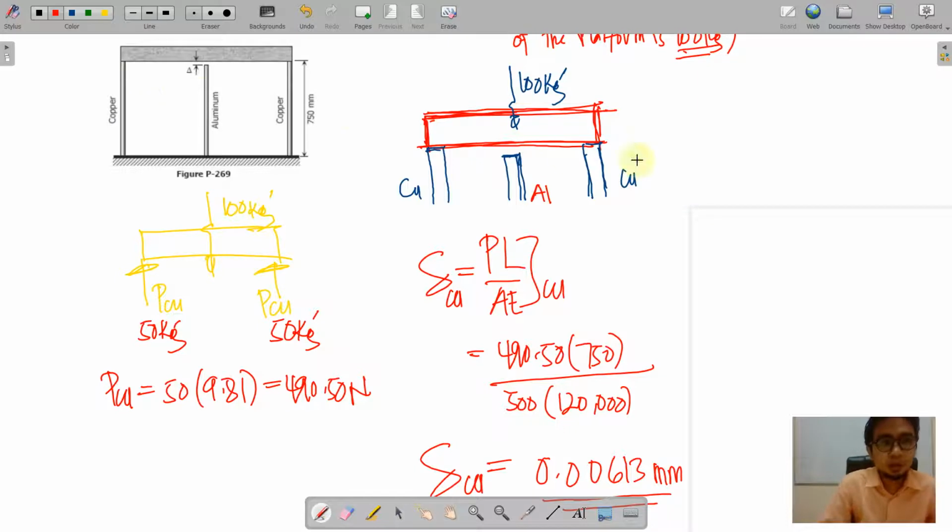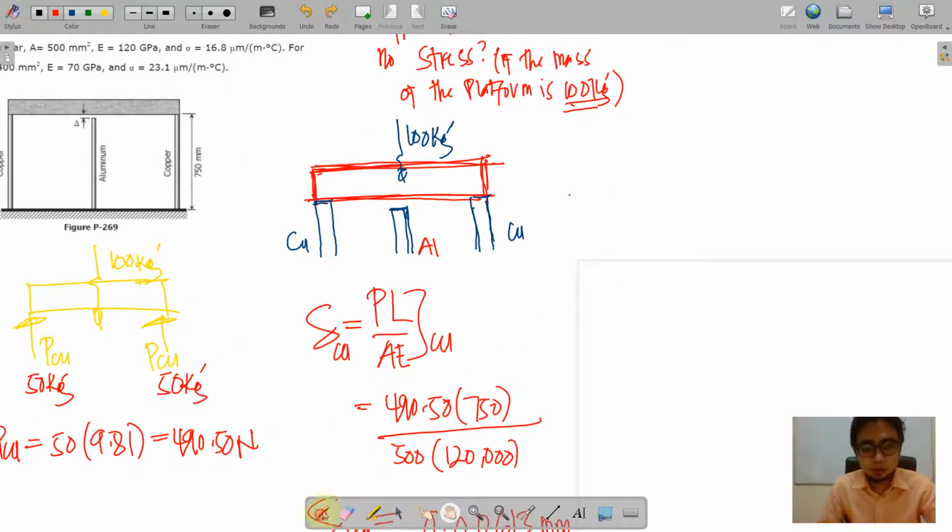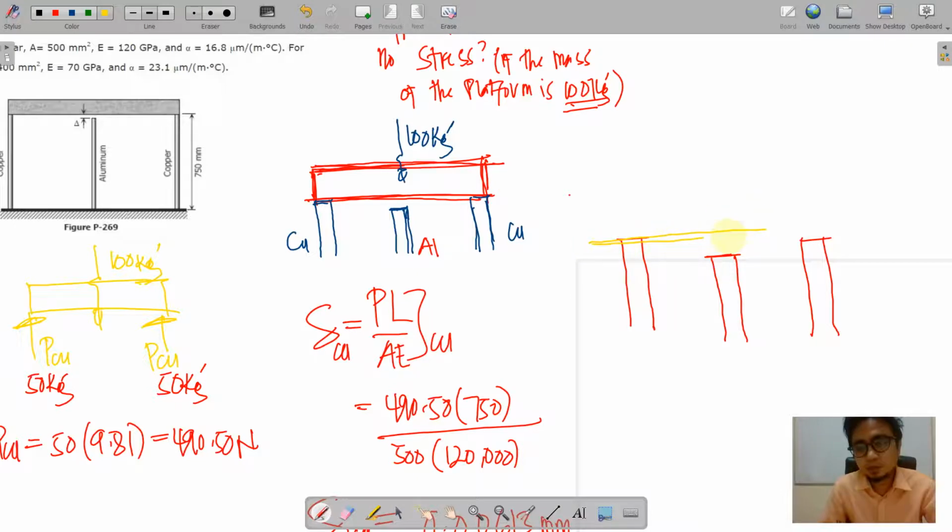So if we're going to illustrate that one, I'm going to let all of this be elongating with a certain increase in temperature. Say this is our platform. So this is elongating, okay, and that is elongating also to a certain extent.